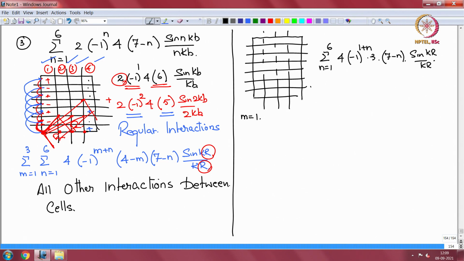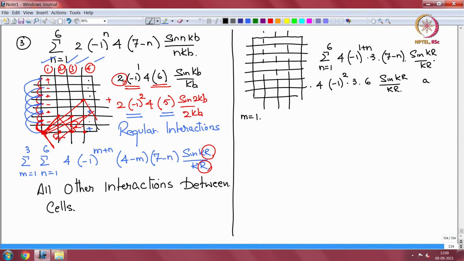Okay, then suppose n is 1, first term, how does it look like? I get 4 times minus 1 squared into 3 into 6 and sine something kr by kr.